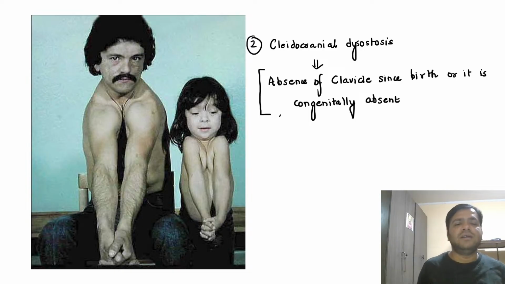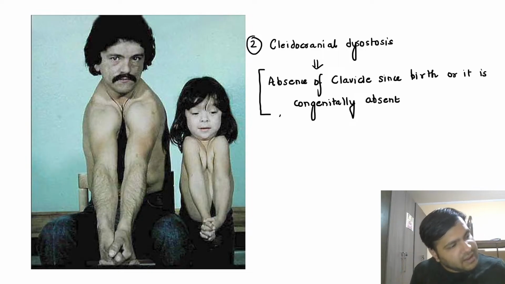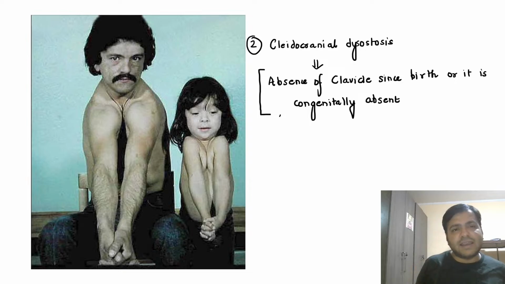No clavicle. So you can just see even the drooping of the shoulder, guys. You can see anteriorly, the shoulders have come anteriorly and down, in front of the chest.